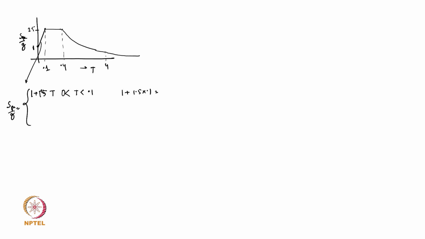Sorry, that is 15T, not 1.5. That will be 1 plus 1.5, that is 2.5. You see, that is 2.5. Then you have a constant, that is 2.5, for 0.1 less than T less than 0.4. Okay?